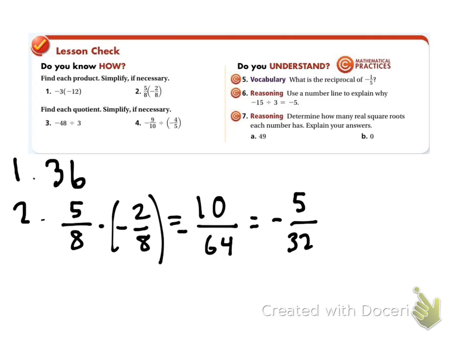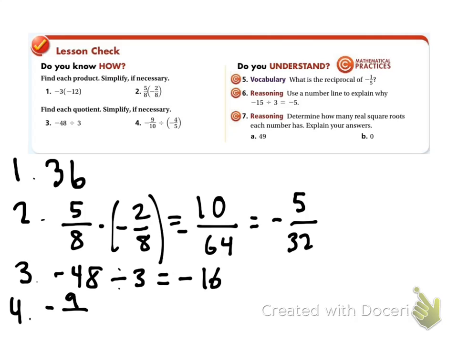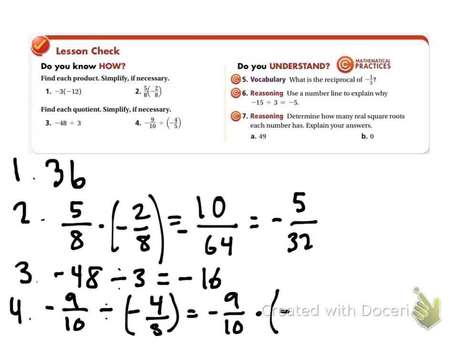And then 3, some division problems for us. Negative 48 divided by 3 gives me, negative divided by a positive gives me a negative 16. And then 4, dividing some fractions here, I have negative 9/10 divided by negative 4/5. So remember, I keep my first fraction the same, and then I multiply and flip that second fraction.